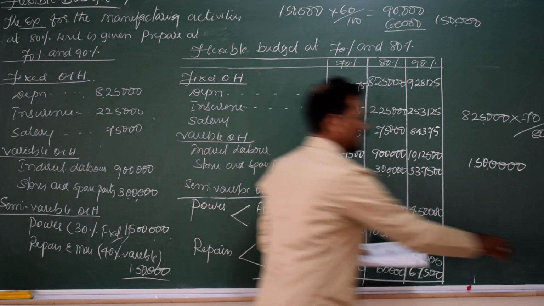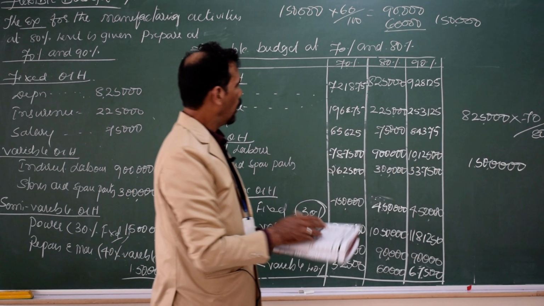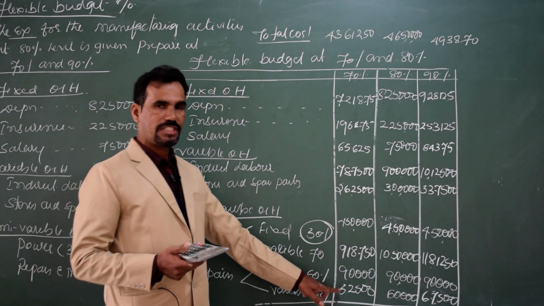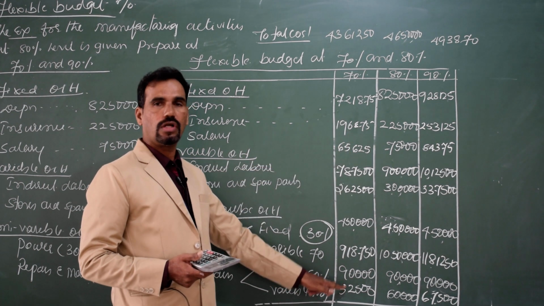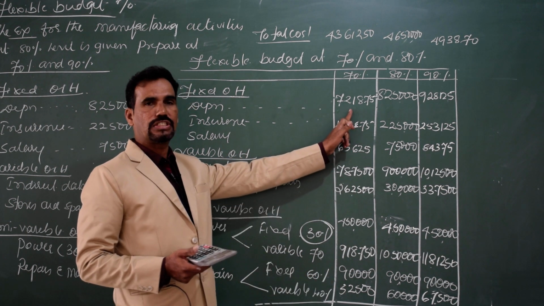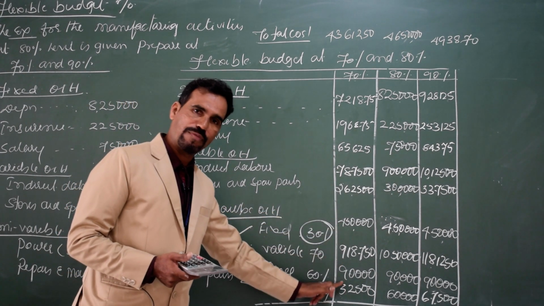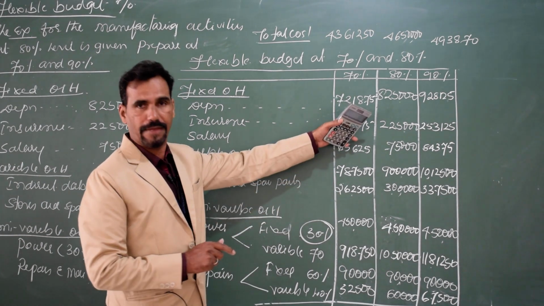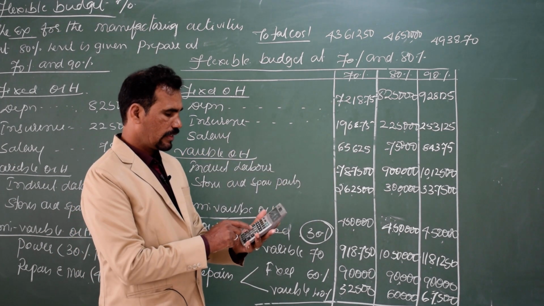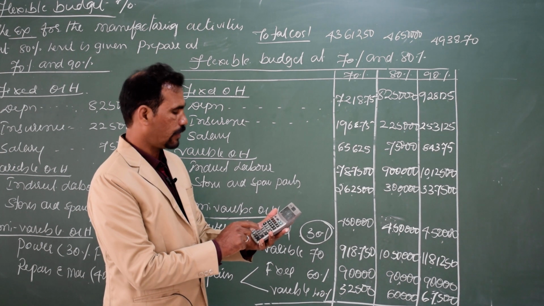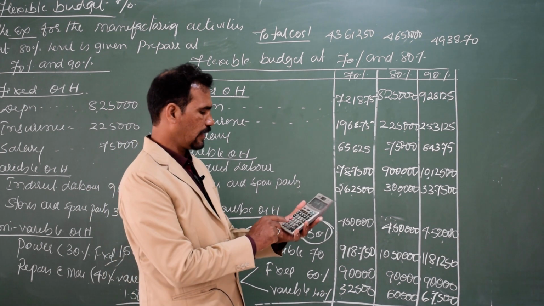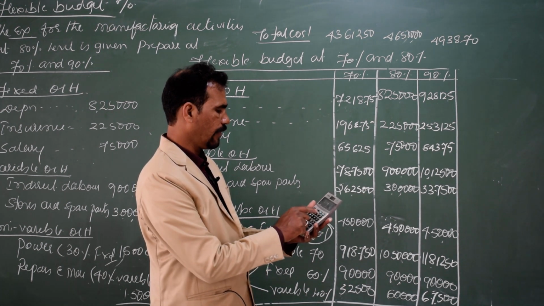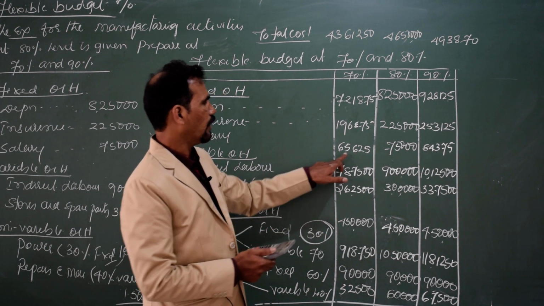You can take the percentage of the total. See this, 7,21,000. This total cost you should count for all the levels, in the fixed cost, variable cost and semi-variable cost also. See the total, for example for the 70% capacity: 7,21,875 plus 1,96,875 plus 65,625.